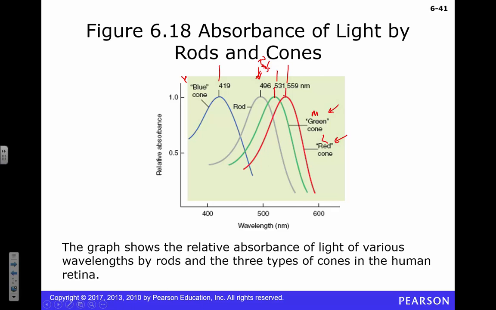And if anything shifts these peaks one direction or the other, the overlap becomes so much you can't tell the difference. So that's why red-green is the most common type of color blindness. It's also more common in males than females.